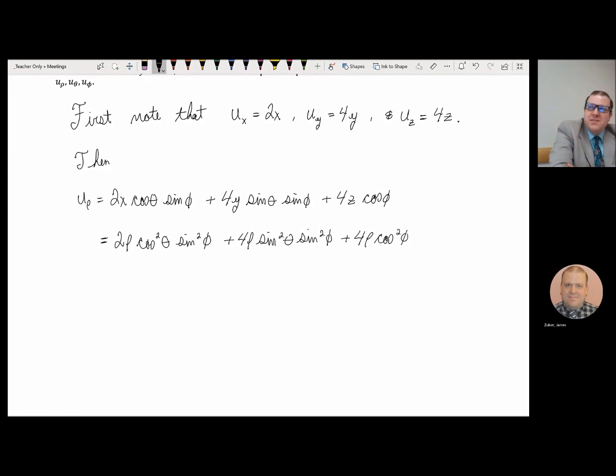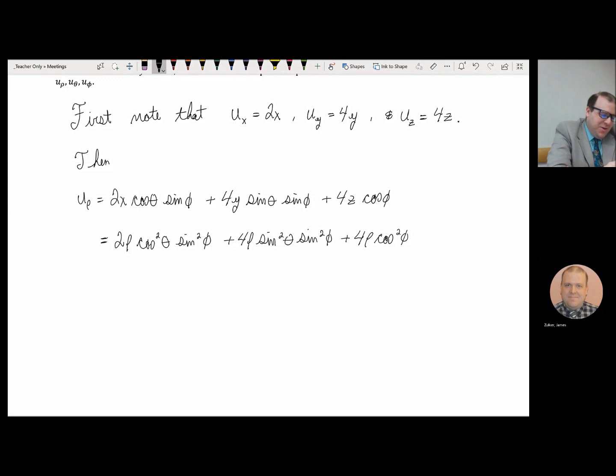I don't think that can be simplified. All because of that bloody 2 instead of a 4. Yeah, I don't think that can be simplified at all.